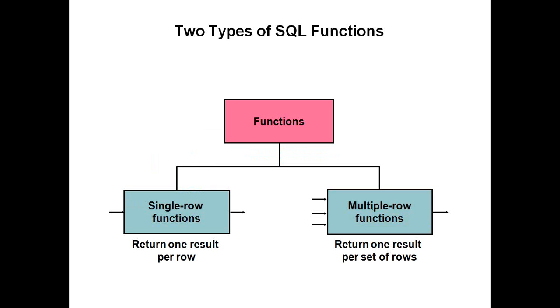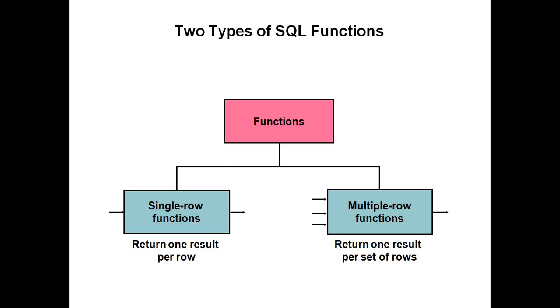Basically, functions are divided into two types. One we call single row functions, and the second we call multiple row functions. As you can see in the diagram, single row functions take only one value as the input, and the output is also given as only one value.